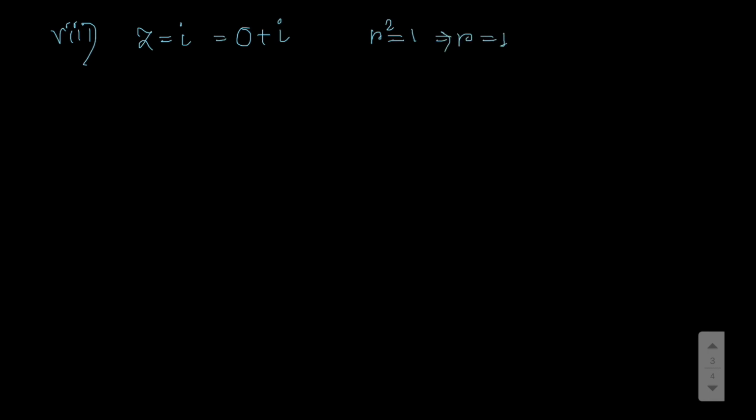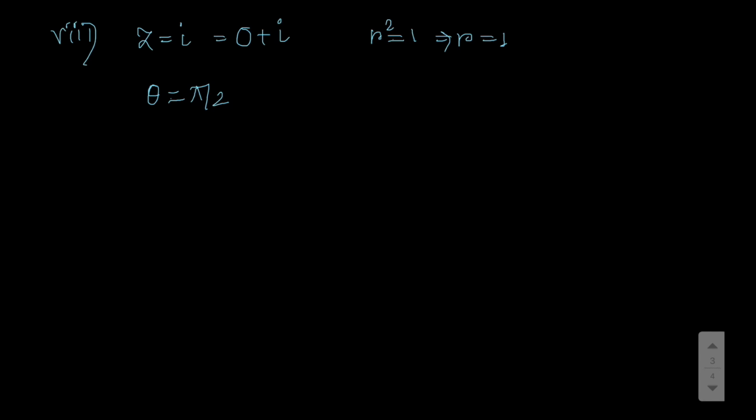So if r equal to 1, then cos theta equal to 0 by 1, that means 0. So from that theta equal to pi by 2. And as sin theta equal to 1, that means sin theta is also sin pi by 2. So theta equal to pi by 2.